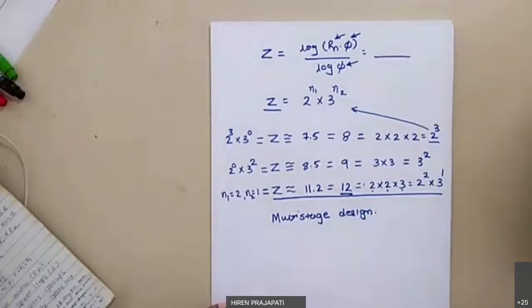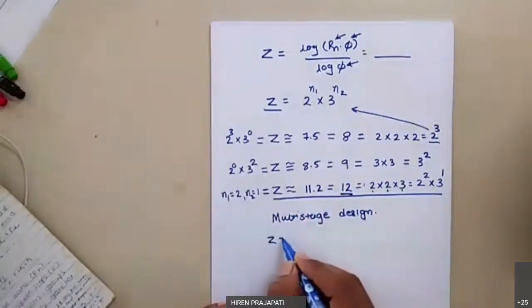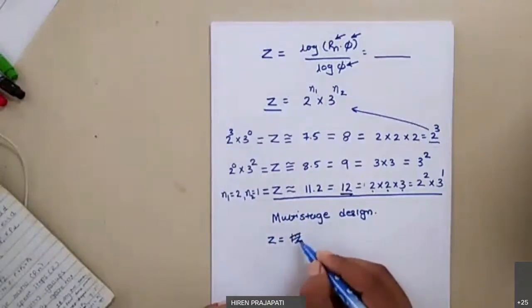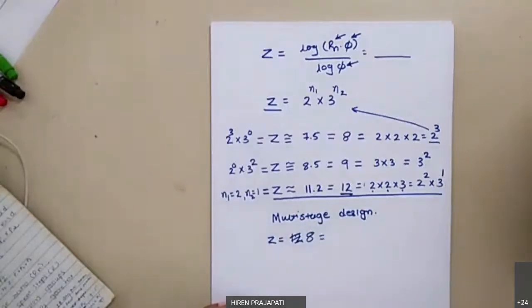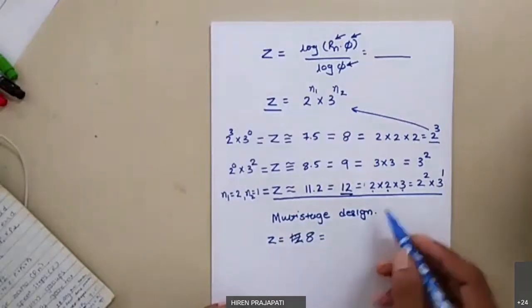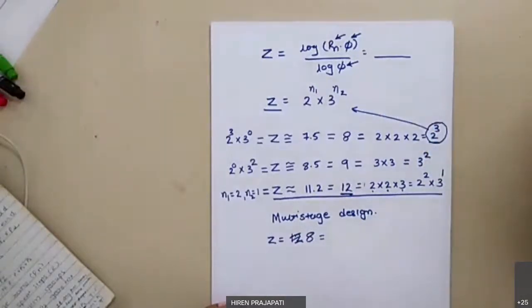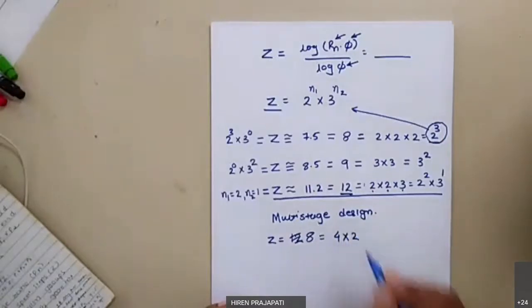If you recall the video demonstration of the lathe machine gearbox, there Z was given as 8, 8 speeds available from the gearbox. For 8, the recommended arrangement is only 2s, but in that case it was given like 4 into 2.